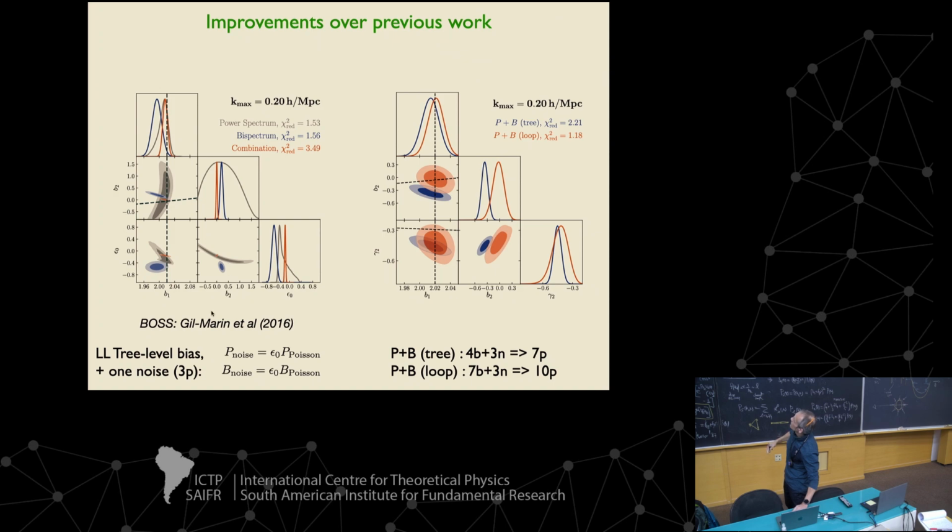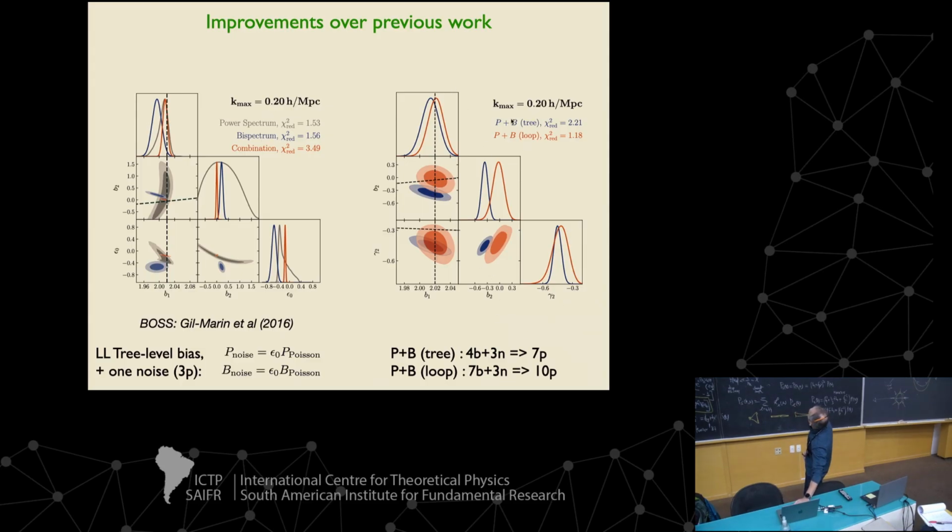How well you can constrain them when you look at simulations, when you do just tree-level, versus when you do one loop on the right. And adding also the power spectrum, you can see the goodness of fit improves, okay? And you get much better constraints than when you use tree-level, where these chi-squares go really horrible.